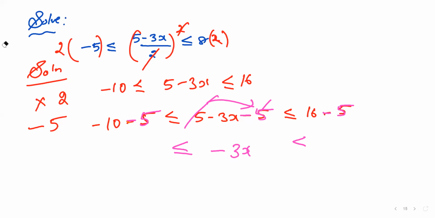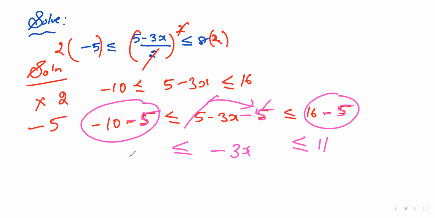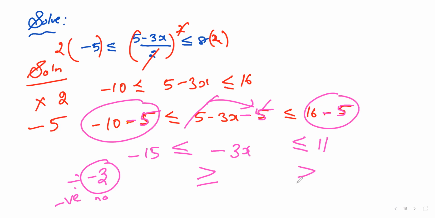Minus 15, minus 3x, 11. Divided by minus 3. Note that this is a negative number, so your inequality gets reversed.